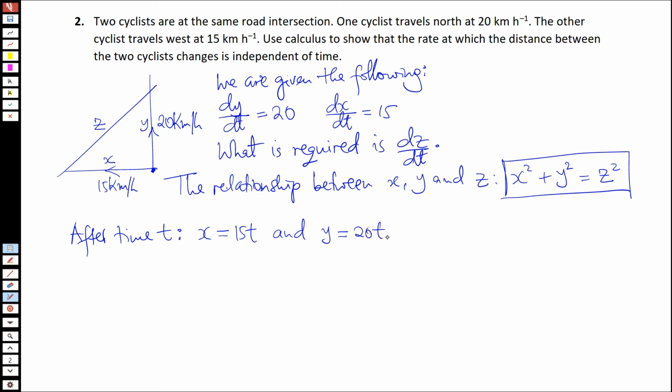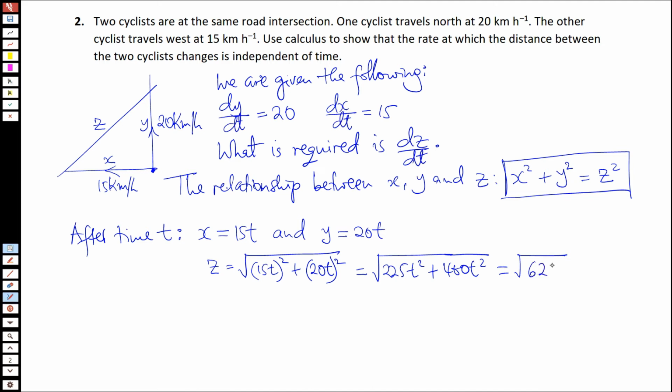20t kilometers, which implies that using this relationship here, which is a Pythagorean relationship, z will be equal to the square root of 15t squared plus 20t squared, because you want to find that distance in terms of t. That is equal to the square root of 225t squared plus 400t squared, which is the square root of 625t squared, which is just 25t.